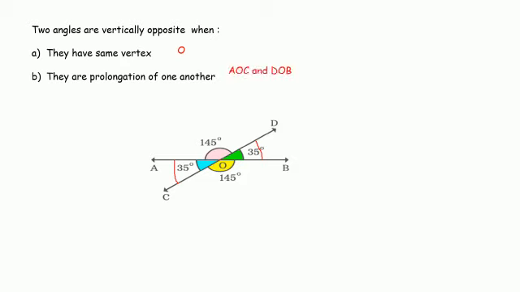Then we have another pair of vertically opposite angles. We have this angle AOD. When we start from A, we can see the prolongation of A at B. And when we start at D, we can see the prolongation of D to C. So these two angles, AOD, which is equal to 145 degrees, and COB are vertically opposite.